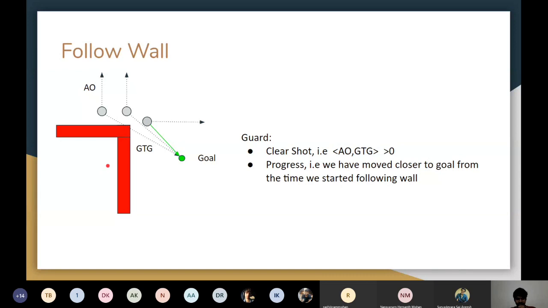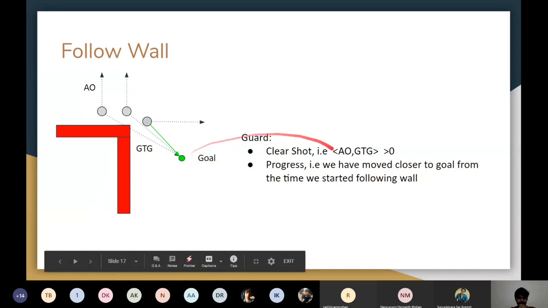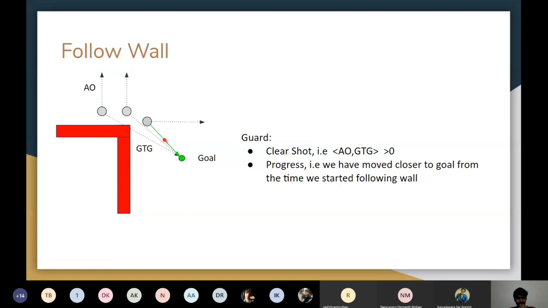At any point of time when I have a clear shot and I have moved closer towards the goal than at the time I started following the wall, that is what progress means. That means at this point of time, the distance from the goal is less than when I actually started following the wall from here.